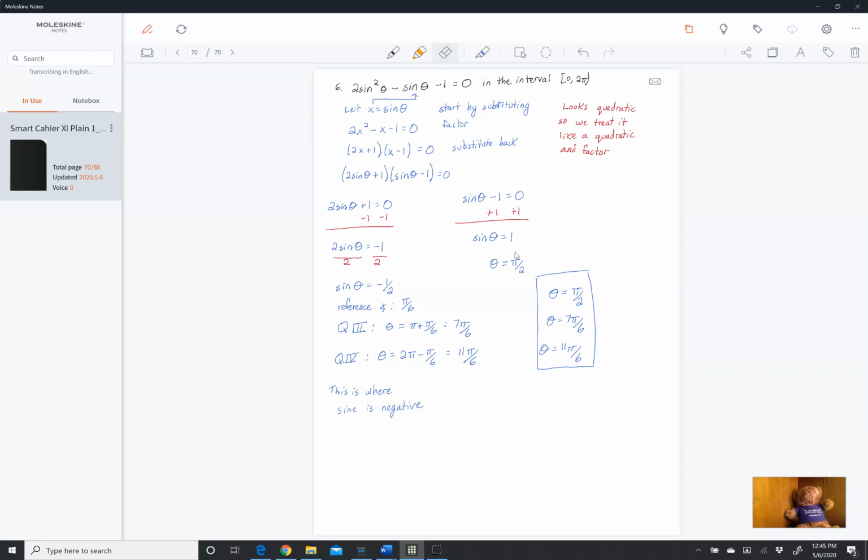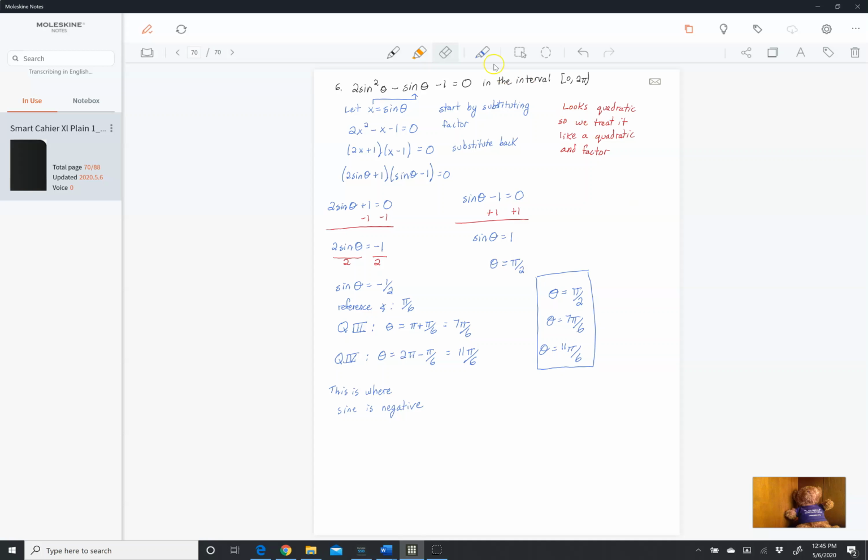Let's take another one. Let's do a multiple angle equation. A multiple angle equation is a little bit different, just in the very last step.